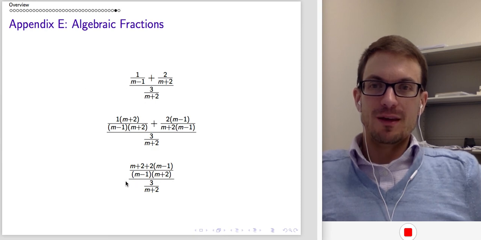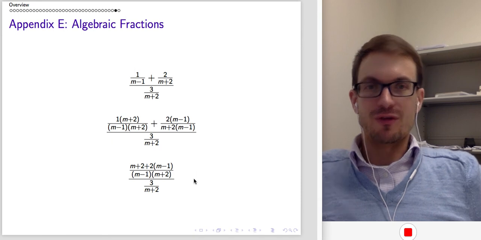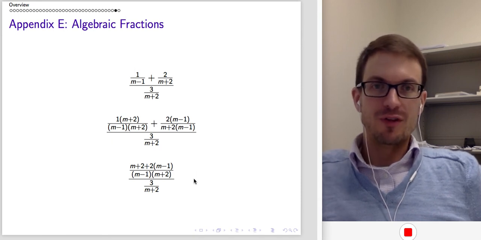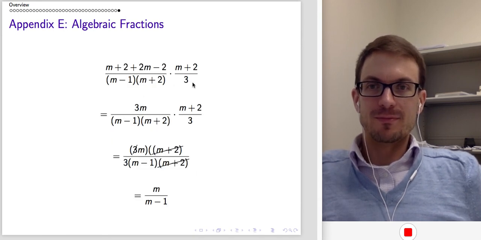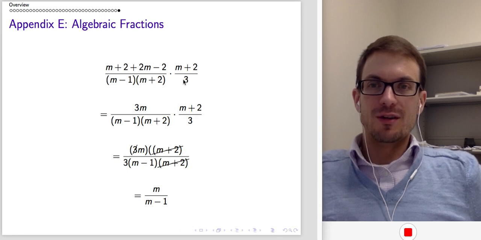Okay. So now I've got a fraction divided by a fraction, and I can rewrite this as a fraction times the reciprocal of the second fraction. So that's what I've done here. I add like terms in the numerator, and then multiply by this portion. Boy, there's another typo there.